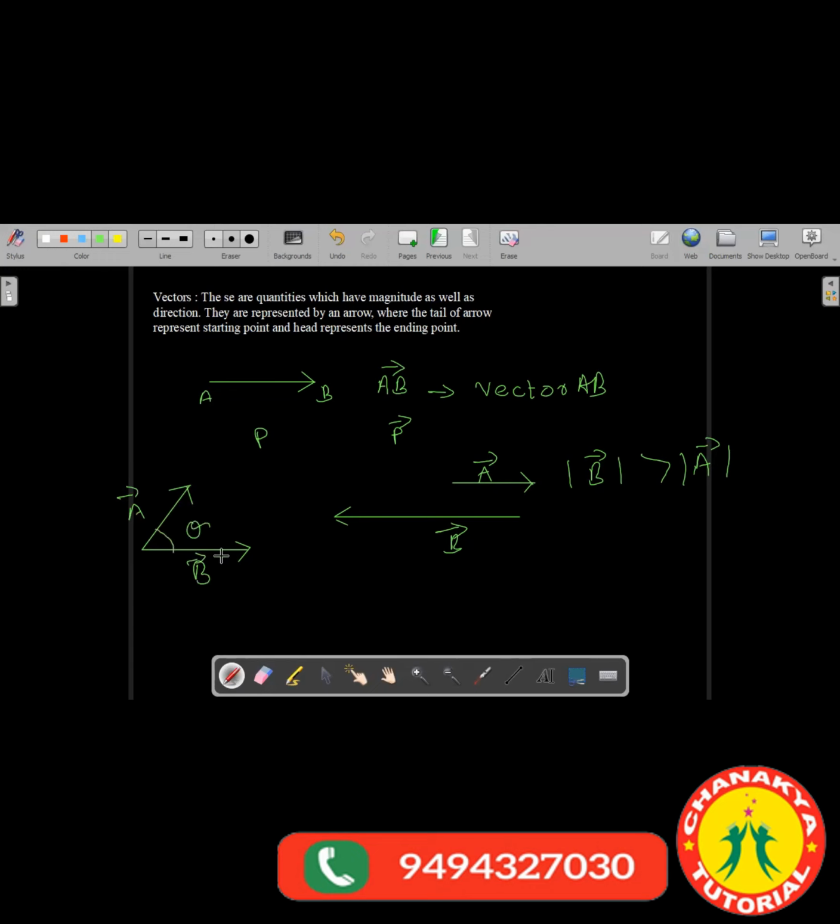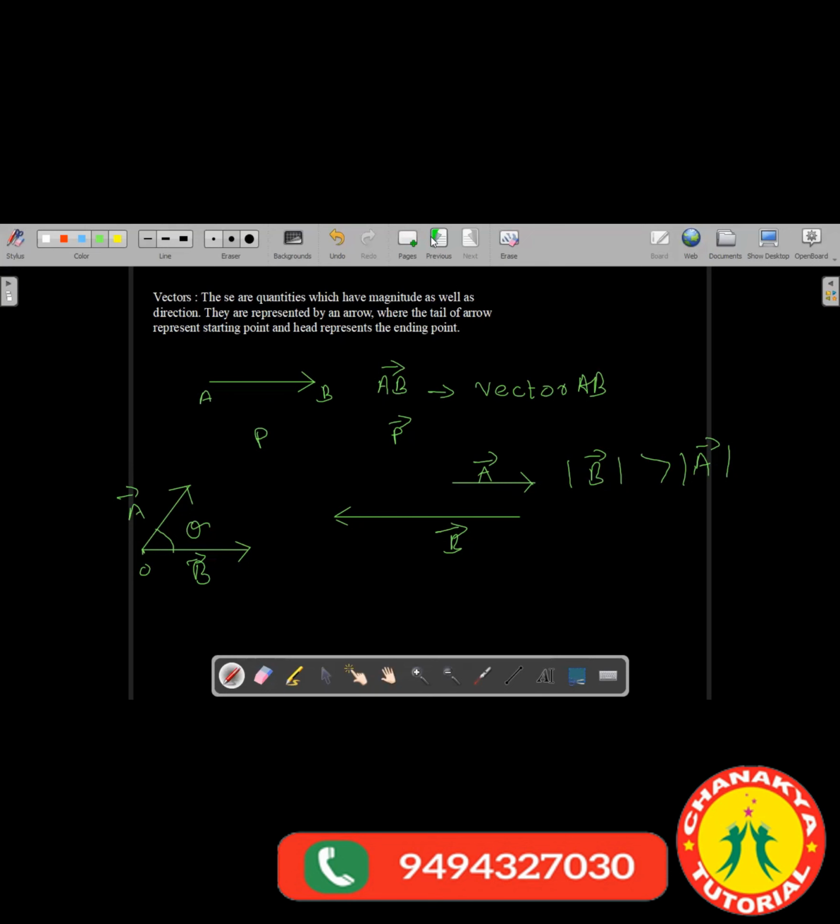So I'll say that vectors A and B are acting at a point O with a certain angle theta between them. The vectors can be moved parallel to themselves. For example, if I consider vector A over here, I can make this vector A move parallel to this and mark it anywhere. So we have understood a little about how we can represent vectors.